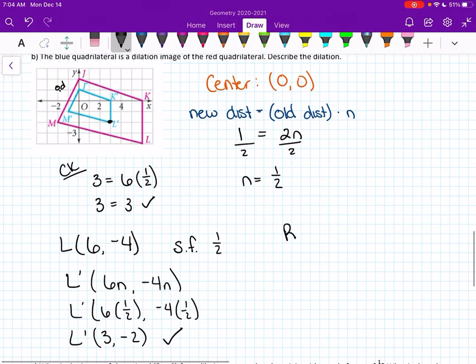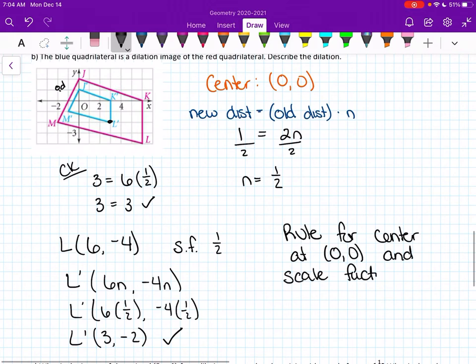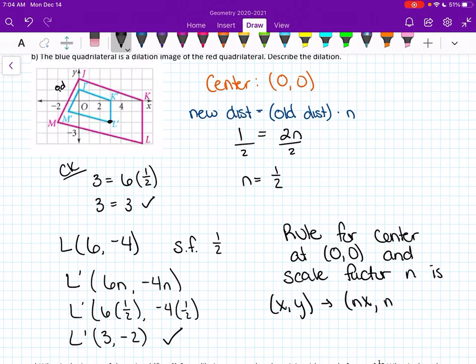So our rule, this is something you might want to put in your notes: rule for center at the origin and scale factor n is my points go from x, y to n times x, n times y.